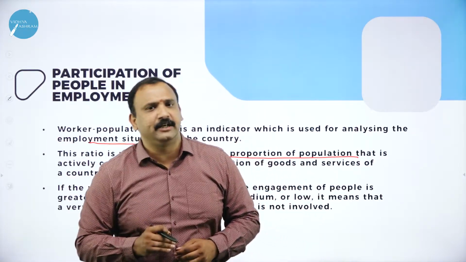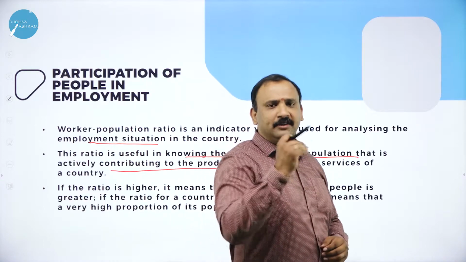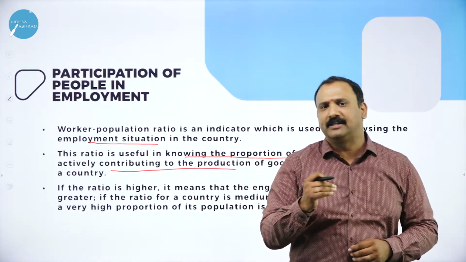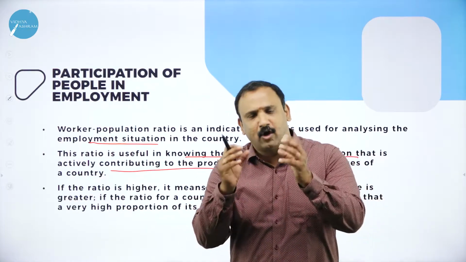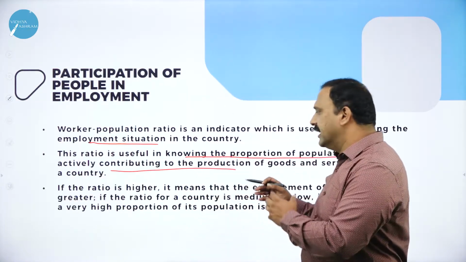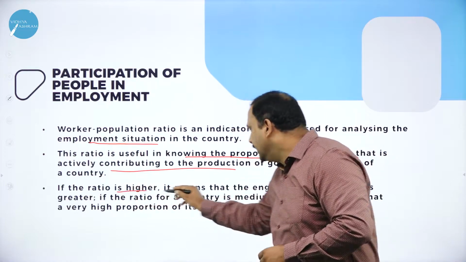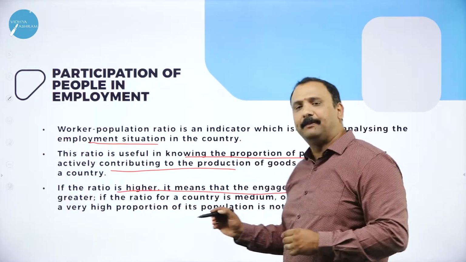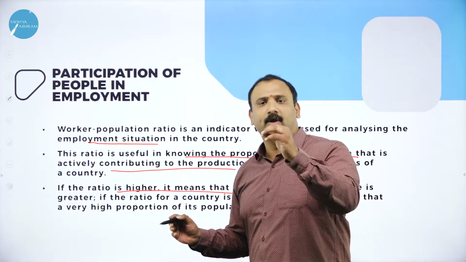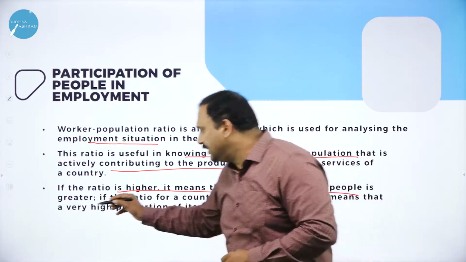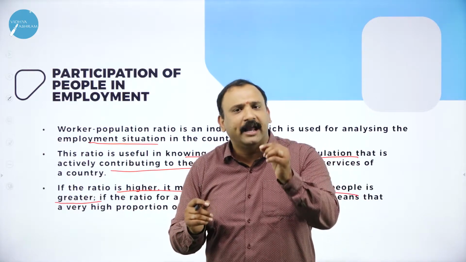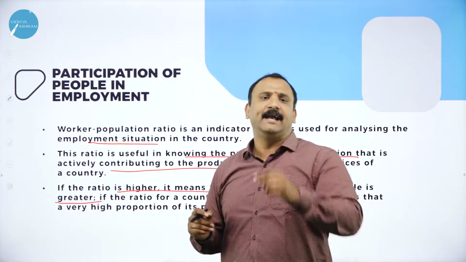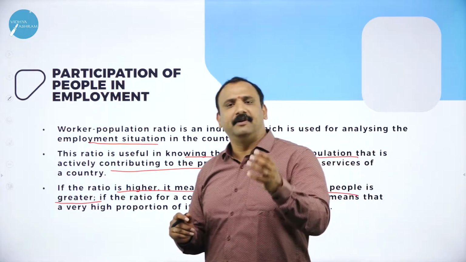So at every single point, every ratio that has been spoken about in economics has a direct implication or indication towards the economy altogether. That's why if the ratio is higher, it means that the engagement of people is also greater. One of the most important aspects we need to understand here is that the more you are able to engage people in employment, the better. Why?